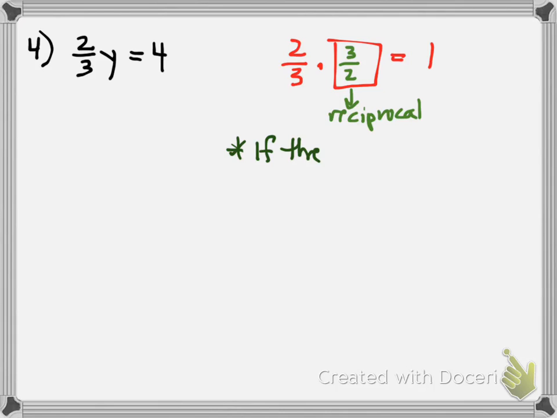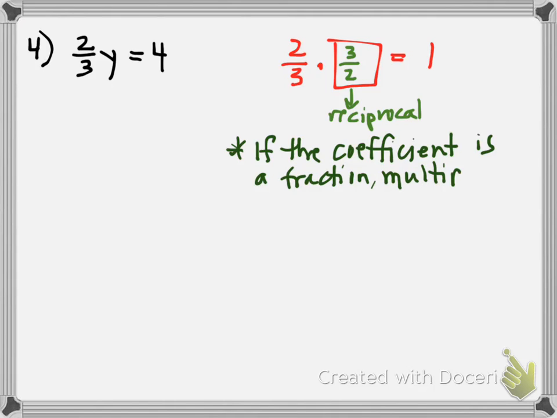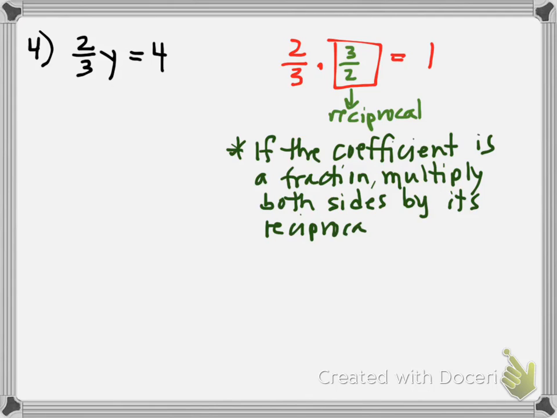If the coefficient, remember, coefficient is just the number that is in front of a variable and their product together, if the coefficient is a fraction, multiply both sides by its reciprocal. So for us, we're going to multiply both sides by 3/2.